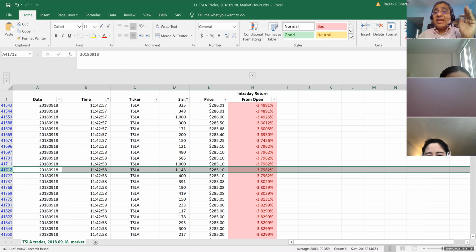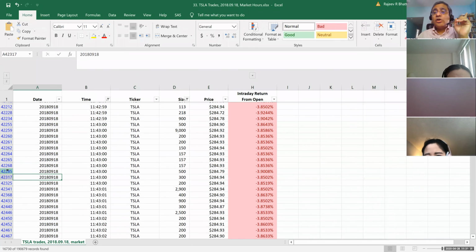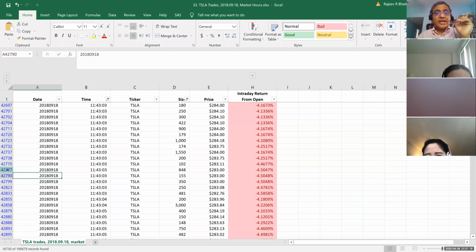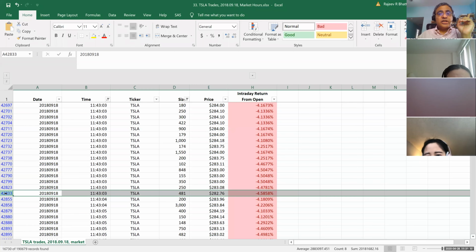In less than a minute, it's gone down to negative 3.79%. So in less than a minute, the stock has dropped almost 4%. Terribly bad news, and the stock has responded quite immediately. In just over a minute, it's down by 4.5%.